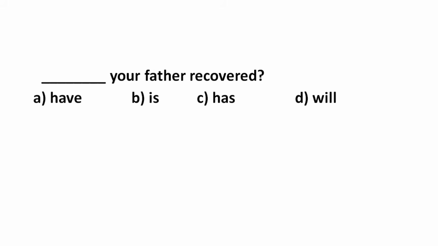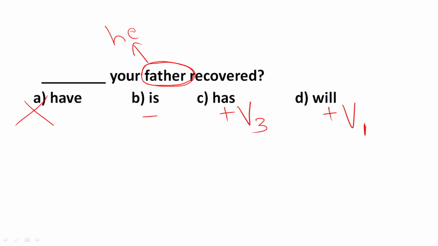Dash your father recovered. Are you fundamentally talking about you? No. You're fundamentally talking about father. So naturally, father is he. Now, if you see the first option, have he, there is no relation at all. Now, there are three possible verbs. But you know the verbal form: when will comes, the verb is the first form. When has comes, the verb is the third form.